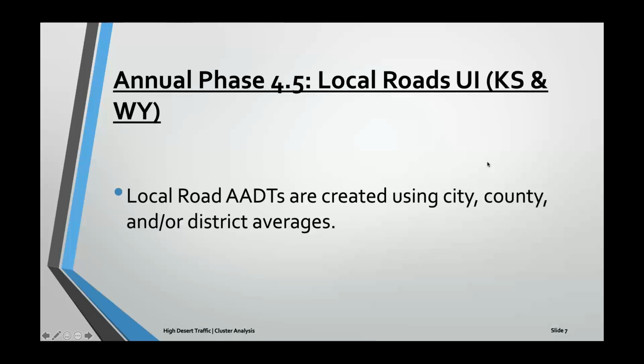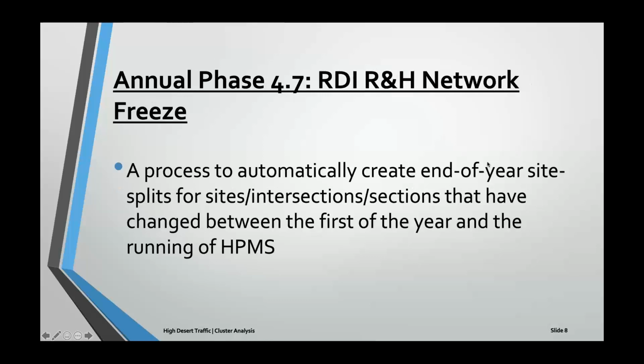Okay. There's potentially a new phase now, which probably no one has heard of unless you've been in our roads and highways meetings. It's an annual phase in between the local roads phase and HPMS, which is the network freeze. The way roads and highways integration is going to work is throughout the year, we're going to be pulling site information from roads and highways into Jackalope, continuously throughout the year.